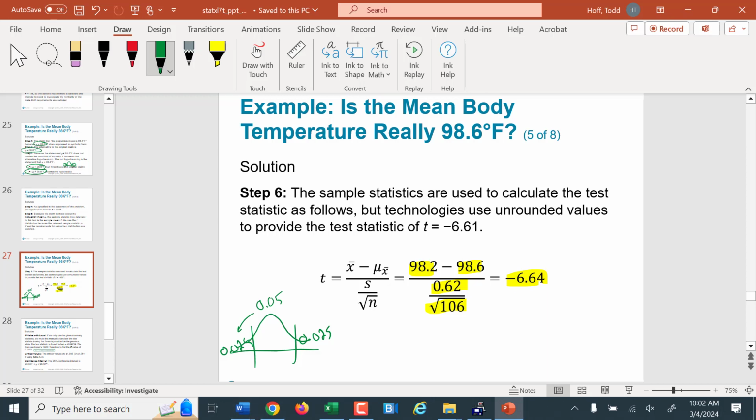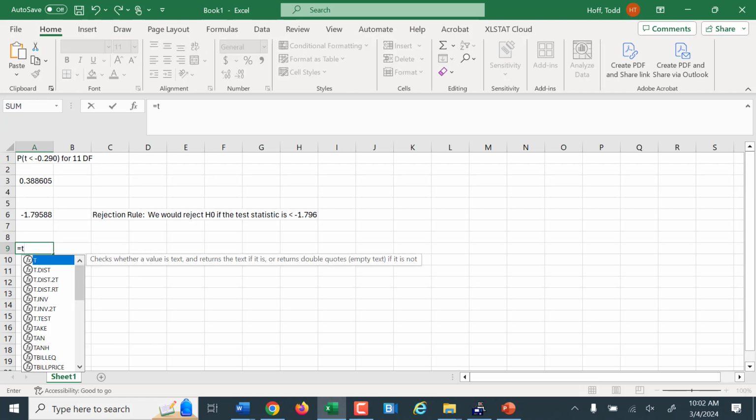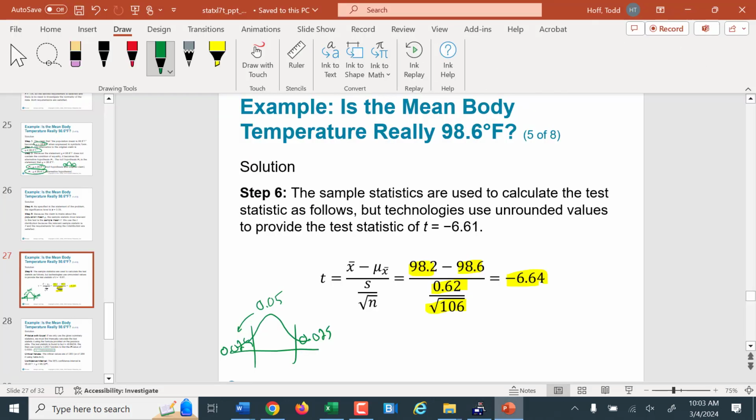So if I go into Excel and use T inverse of 0.025, sample size is 106, so my degrees of freedom are 105. I get a negative 1.983 critical value. So t critical is negative 1.983. Well, this is definitely less than that, which means we're going to reject the null hypothesis.